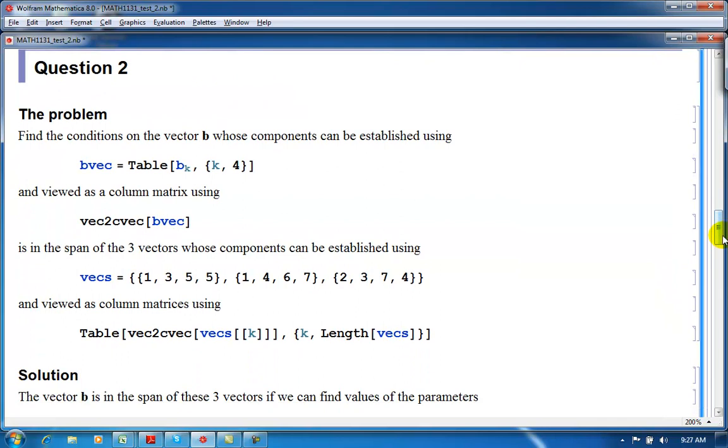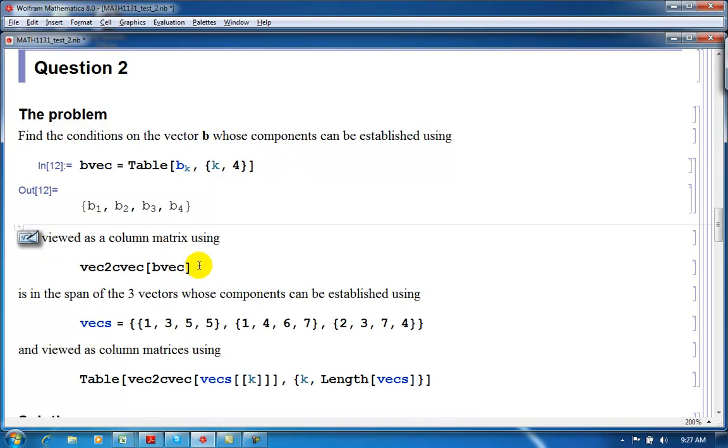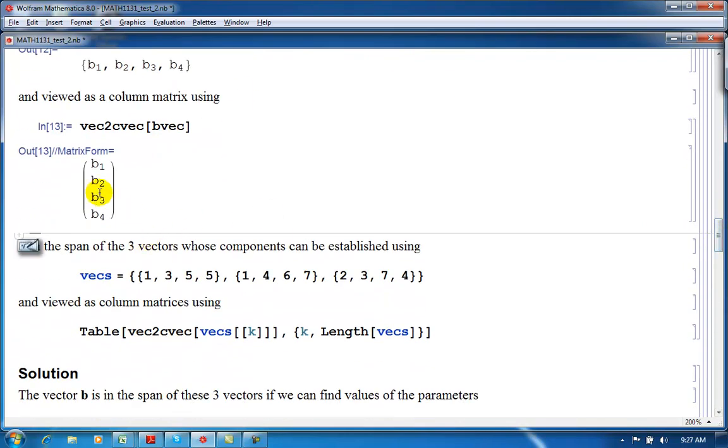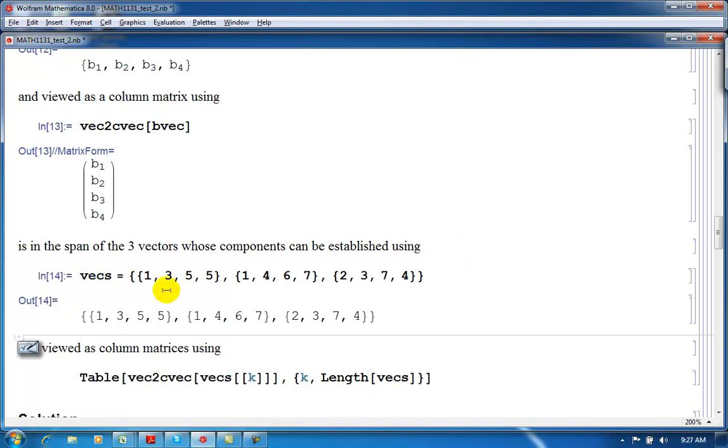And so we set up this vector of b's, b1, b2, and we can view that as a column matrix, and we're asked to find the condition that this vector is in the span of the three vectors here, and we can view those as column matrices.